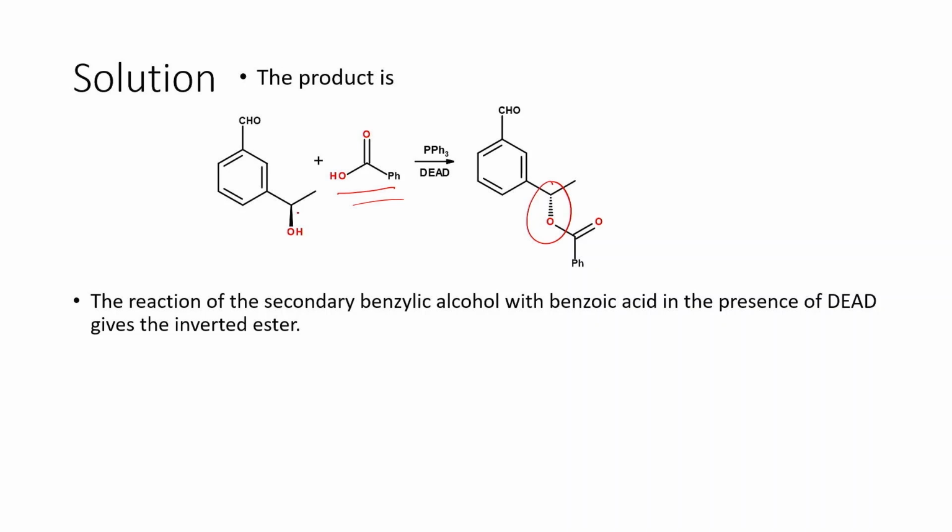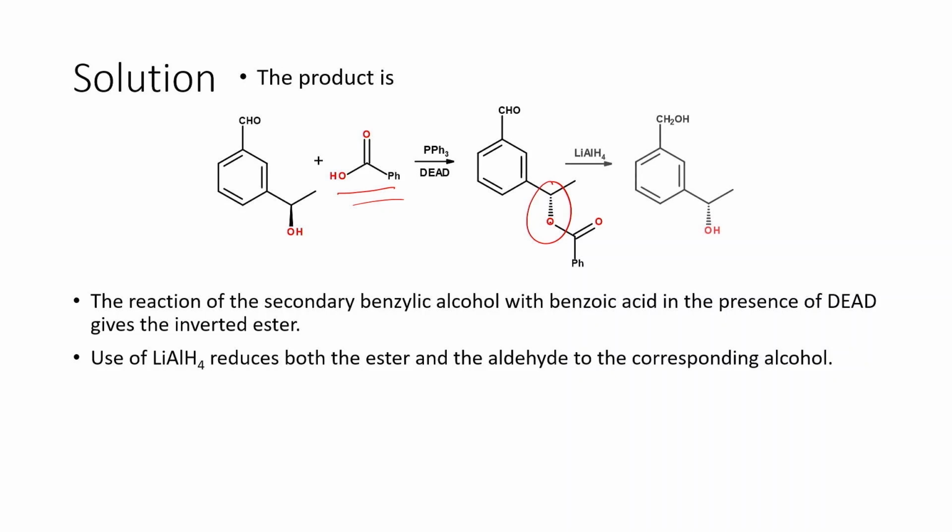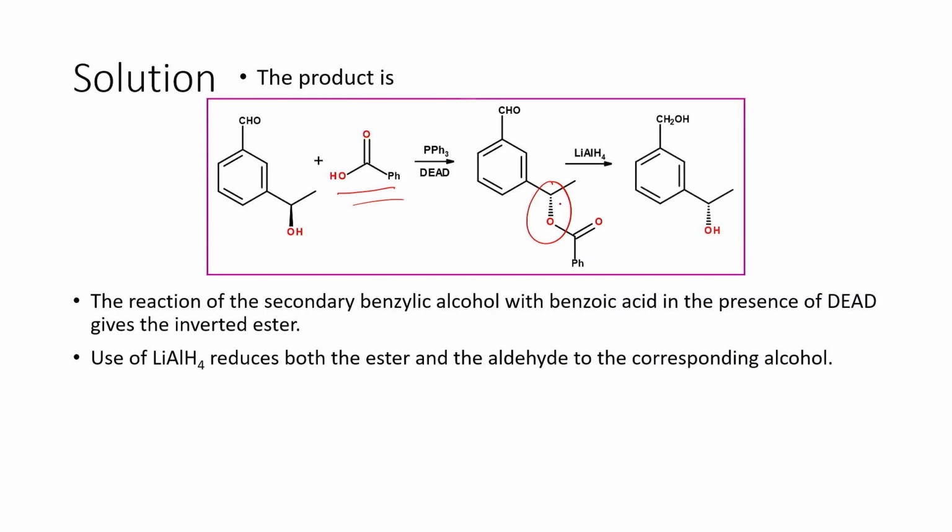So the hydroxy unit which is pointing towards the observer is now converted to the one which is pointing away from the observer. So we end up with the inverted ester, and the next step is reaction with the lithium aluminum hydride. This reduces both the ester and the aldehyde to the corresponding derivative. So this is a very clean and simple reaction which we can easily answer.